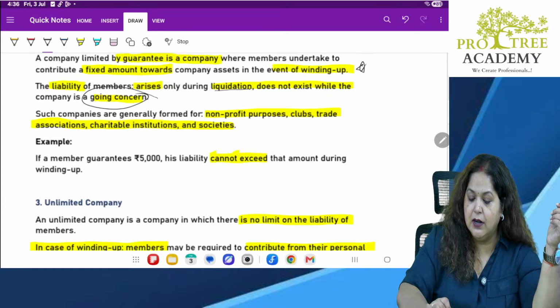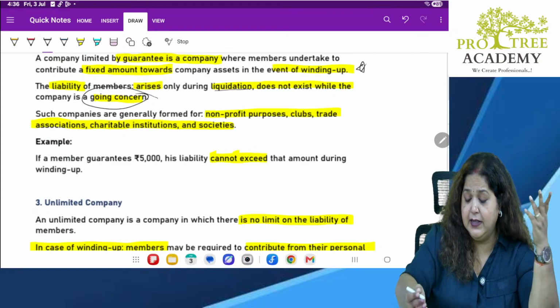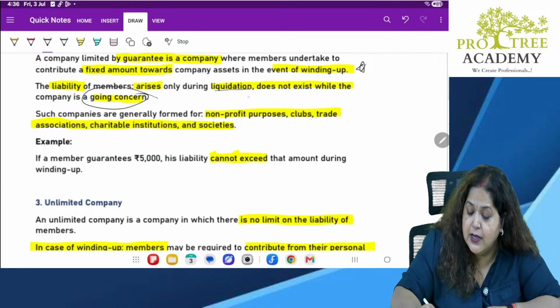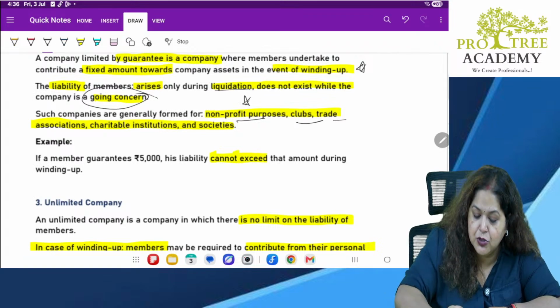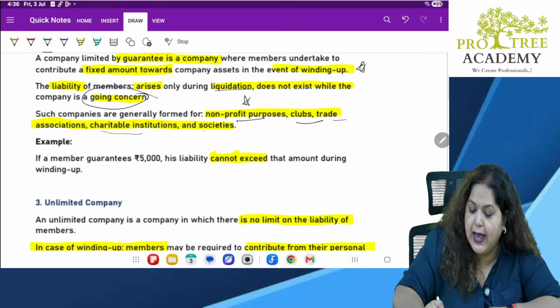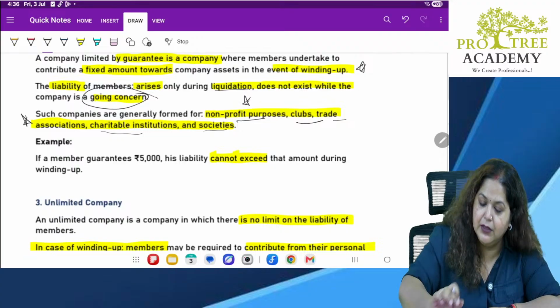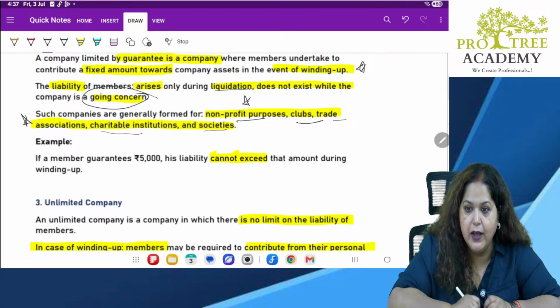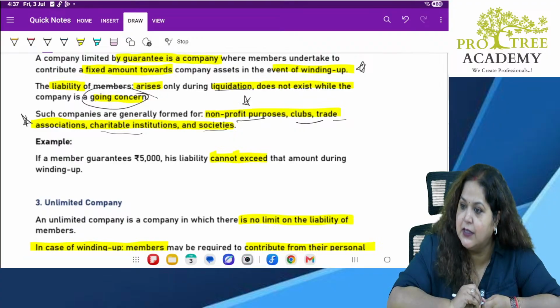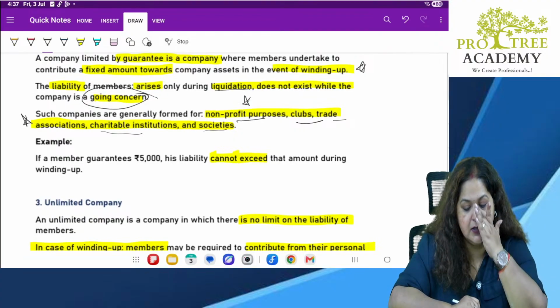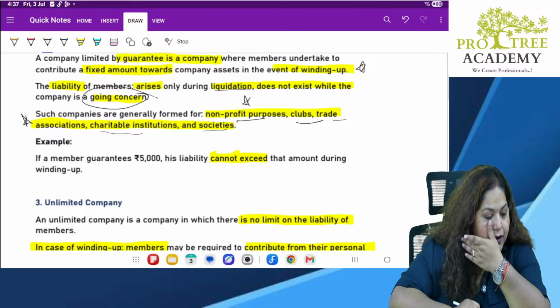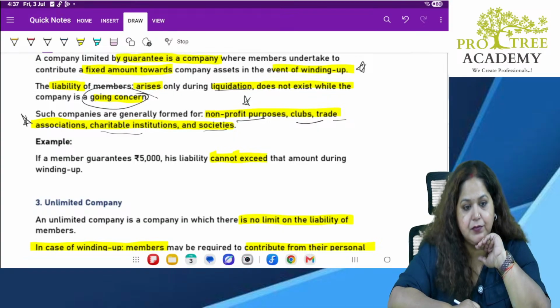Such companies are generally formed for non-profit purposes: clubs, trade associations, charitable institutions, and societies. You have to remember these three things.